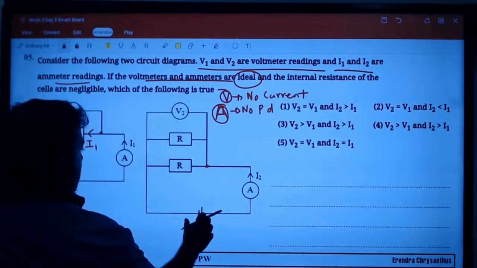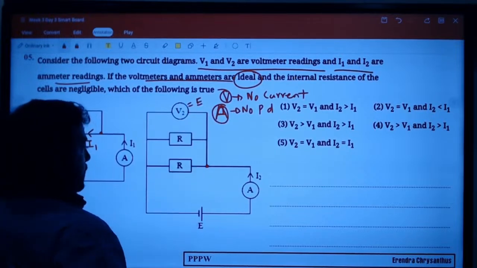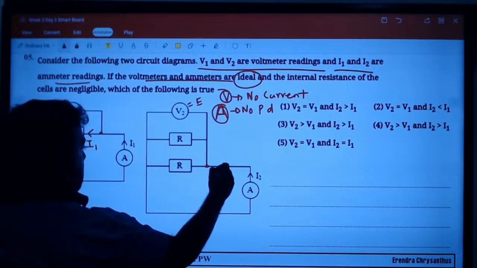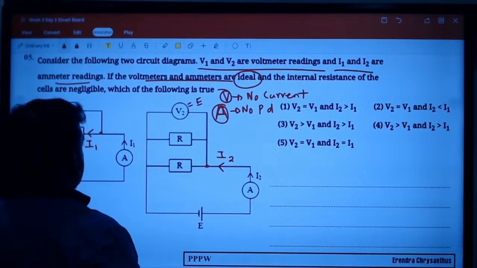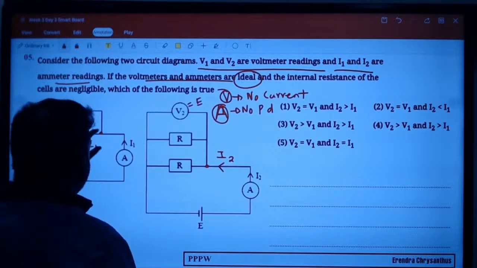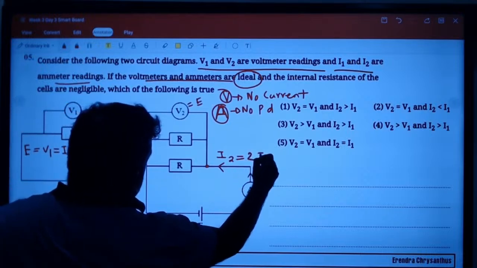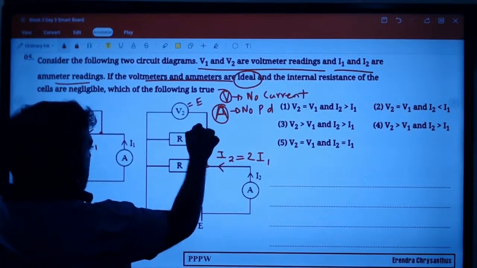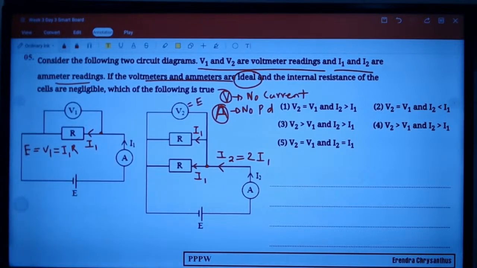Again no potential difference there, V is also equal to E. Equal resistors, this current will divide. If you compare with I1 current, resistance is half, means current will double. This is 2I1, and across each resistor I1.